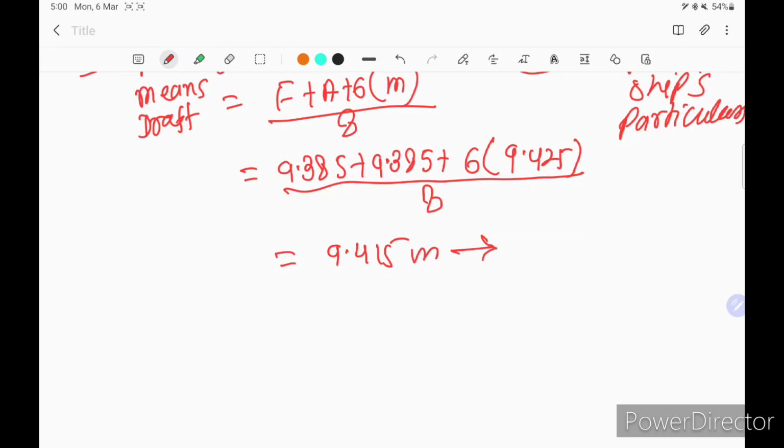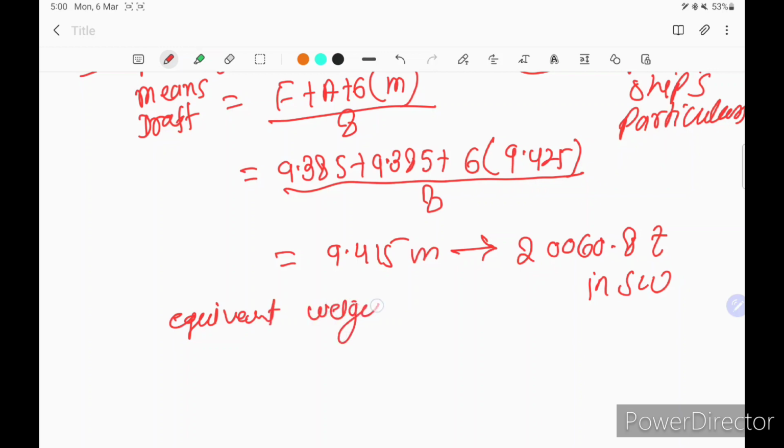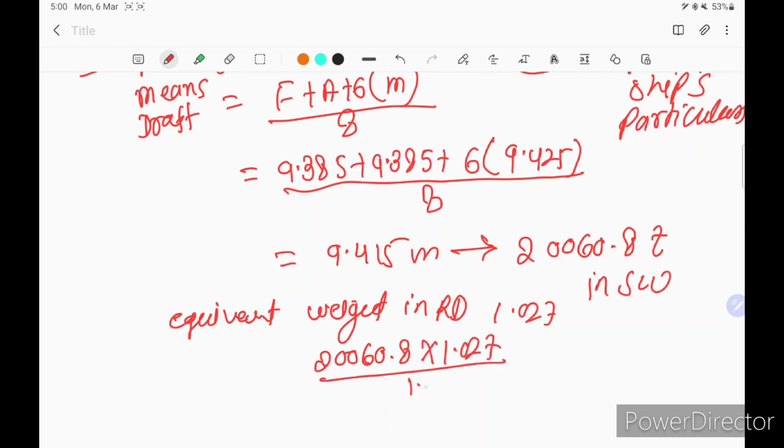Now we'll calculate the displacement in seawater. Okay, now we have to calculate the equivalent weight. Understand this much?